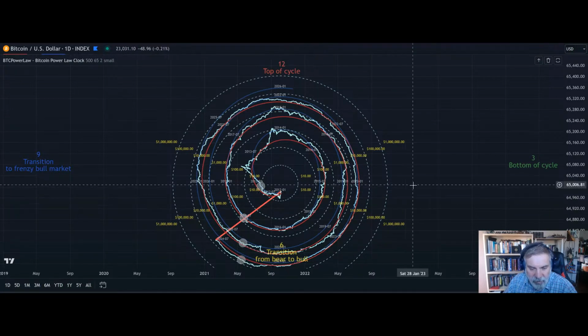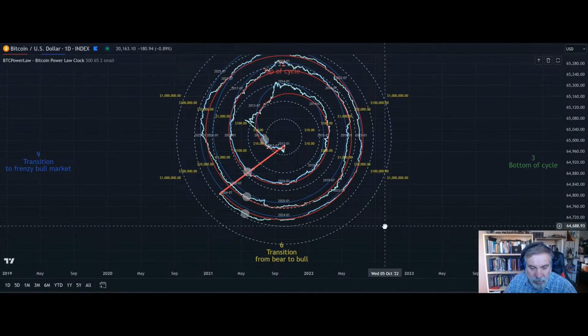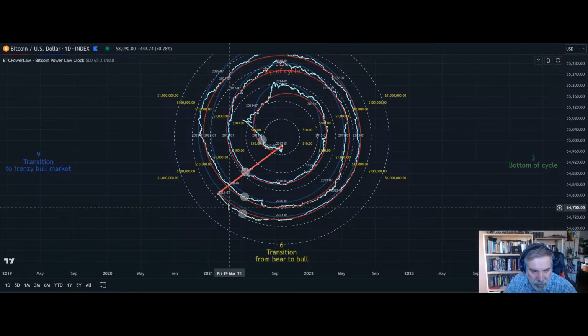And then everything in between, right? So this is when we have the transitions from bear to bull, that basically was at the beginning of this year. And then we are moving along. We want to arrive at 9. 9 will be here, when the bull market starts. Basically we are in between.